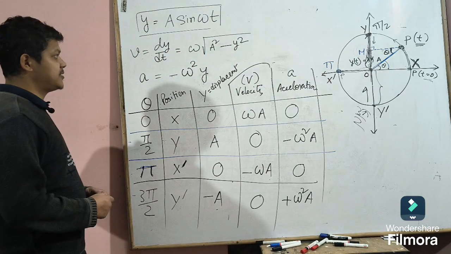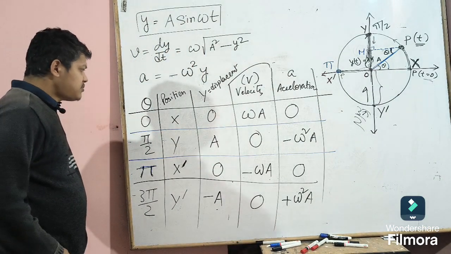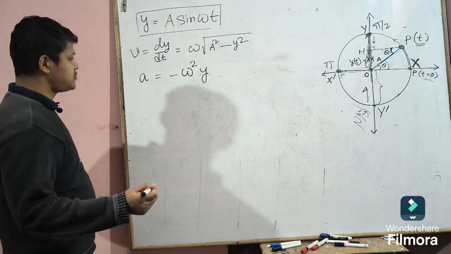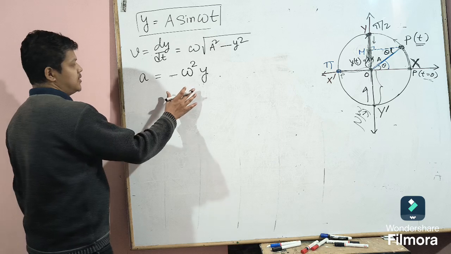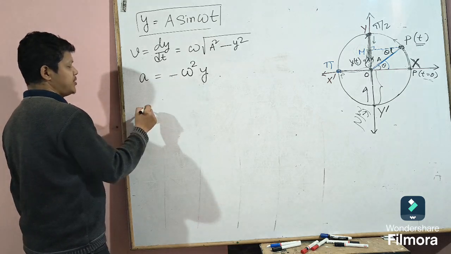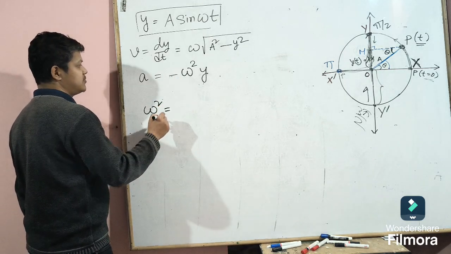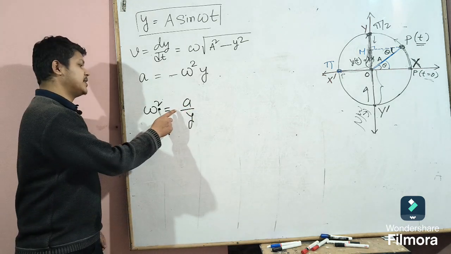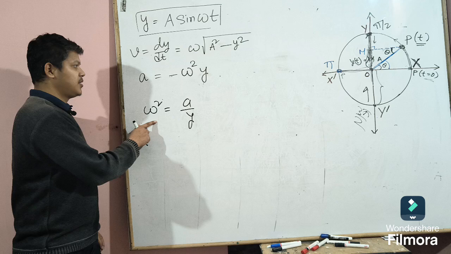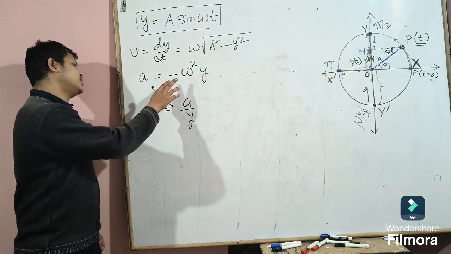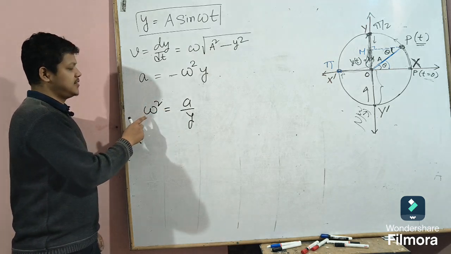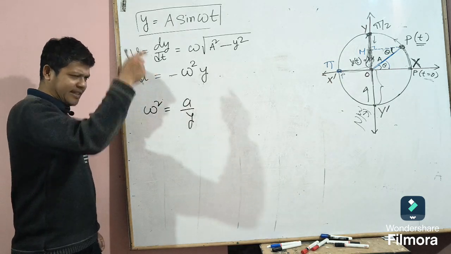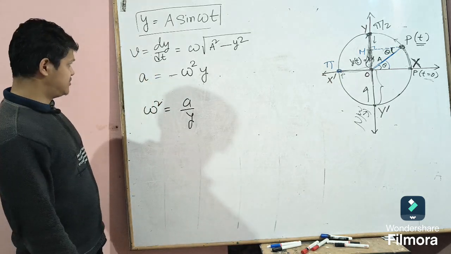So hope you have understood this. So now if you want to write this, then pause the video, note it here. This omega square is equal to a by y. So here I am not taking the minus sign, because omega is the angular speed, and this minus sign occurs because of direction, right?